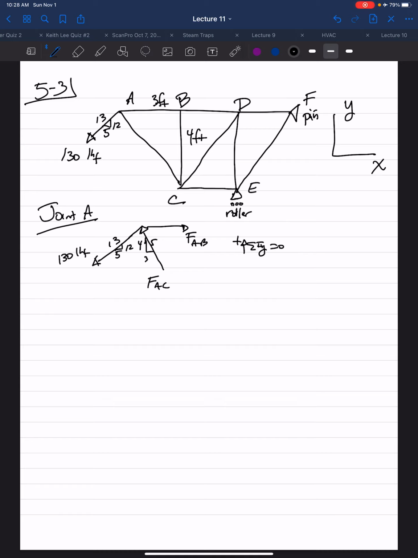In the Y direction, we have FAC times 4 over 5 minus the 130 pound force times 12 over 13. So FAC is 150 pound force and it's pushing into joint A, so it's compression.